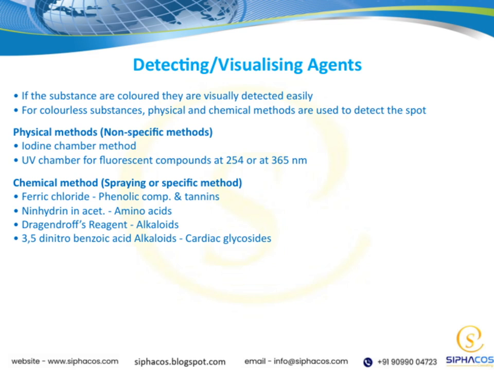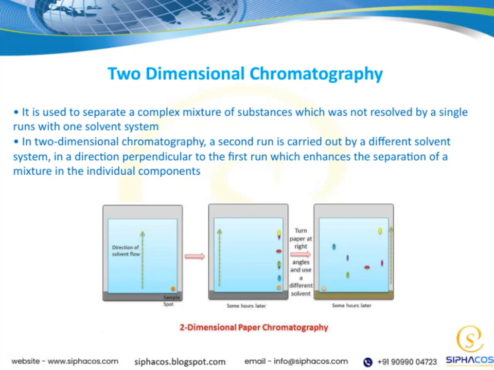Let's talk about two-dimensional chromatography. This technique is especially useful when we're dealing with complex mixtures that don't get fully separated in just one run using a single solvent system. In other words, sometimes one round of chromatography isn't enough to resolve all the individual components clearly. So what do we do? We perform a second run, but this time with a different solvent system that's orthogonal or perpendicular to the first.